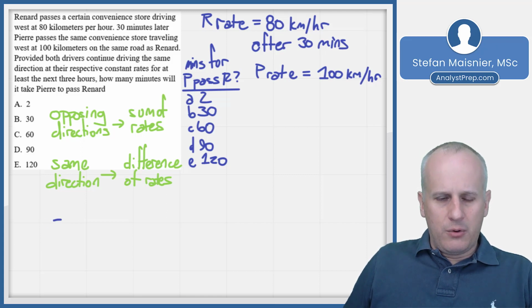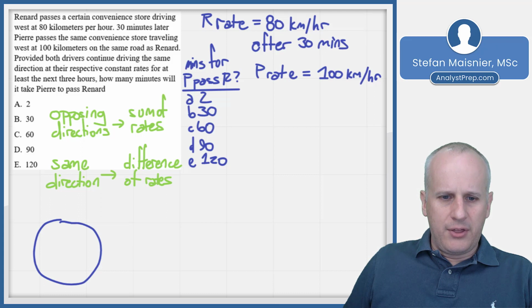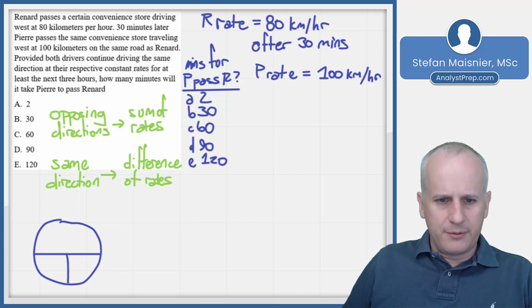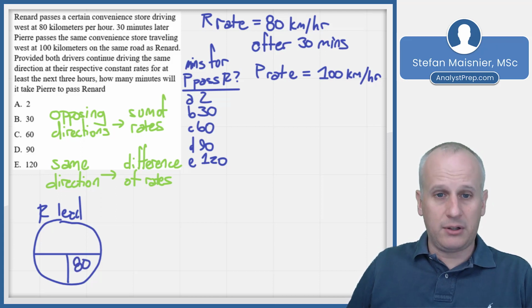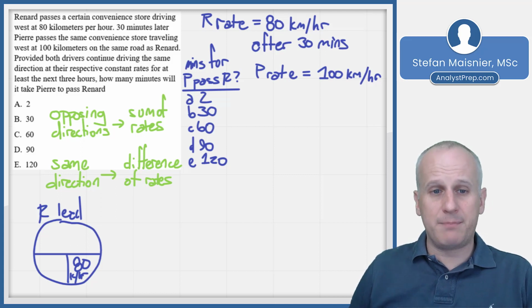So we know that there's basically the lead for Renard. So we're going to have the R lead. And we know that Renard goes 80 kilometers per hour, so K per hour. And he does that for 30 minutes before Pierre passes that same convenience store. Now, I don't want to do minutes at this point.